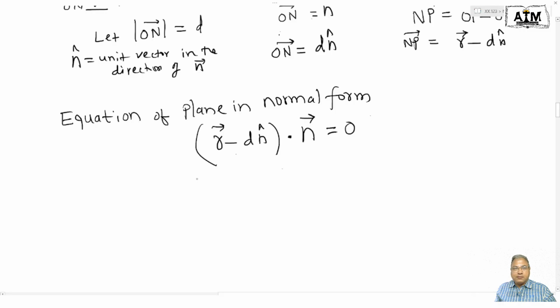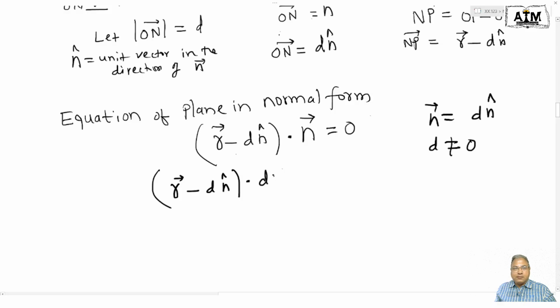We can simplify this equation further. Vector R minus D n cap, and outside, vector n can be written as D multiplied by n cap, where D is not equal to 0.